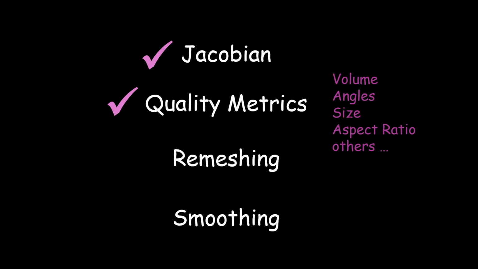Another approach is remeshing. Once you determine the different quality metrics, and if you think the quality is not enough, we can remesh for better quality. There are also techniques that allow smoothing of the meshes, which means you are working on some of the bad elements in the mesh to make them a little better.